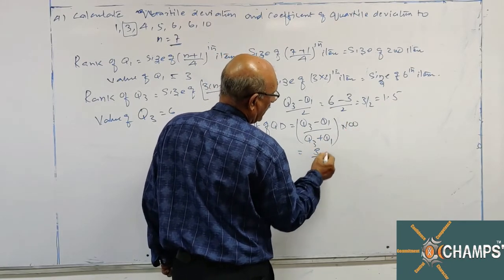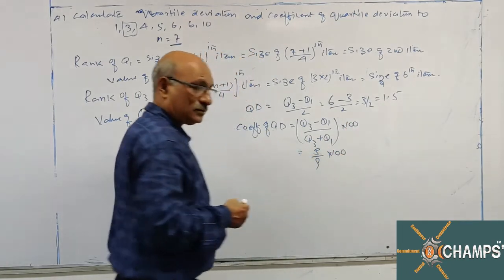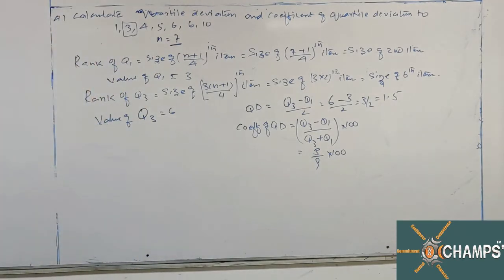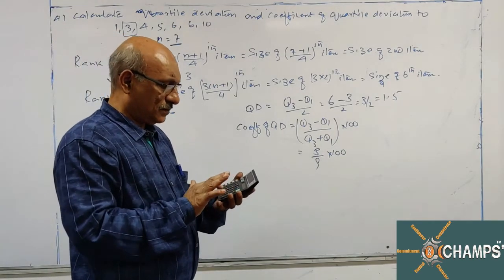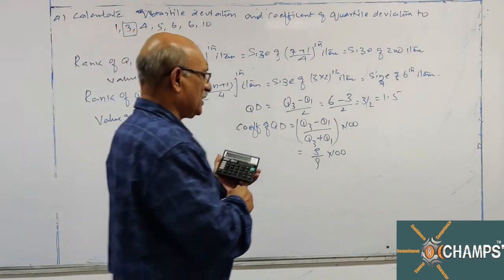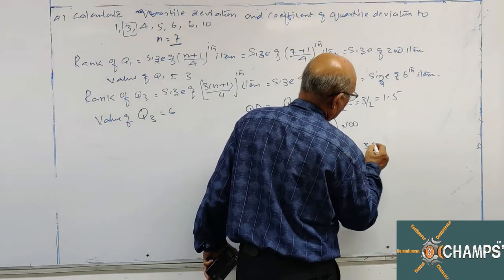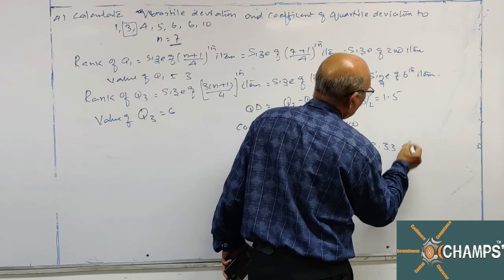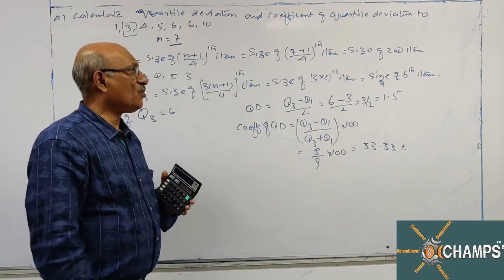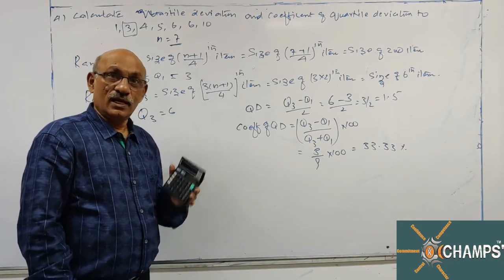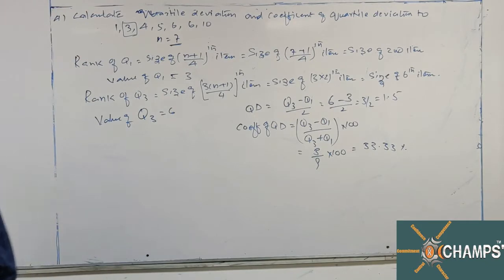This is 3 by 9 into 100, 300 divided by 9, 33.33%. This way you have to calculate QD and coefficient of QD for individual observations.